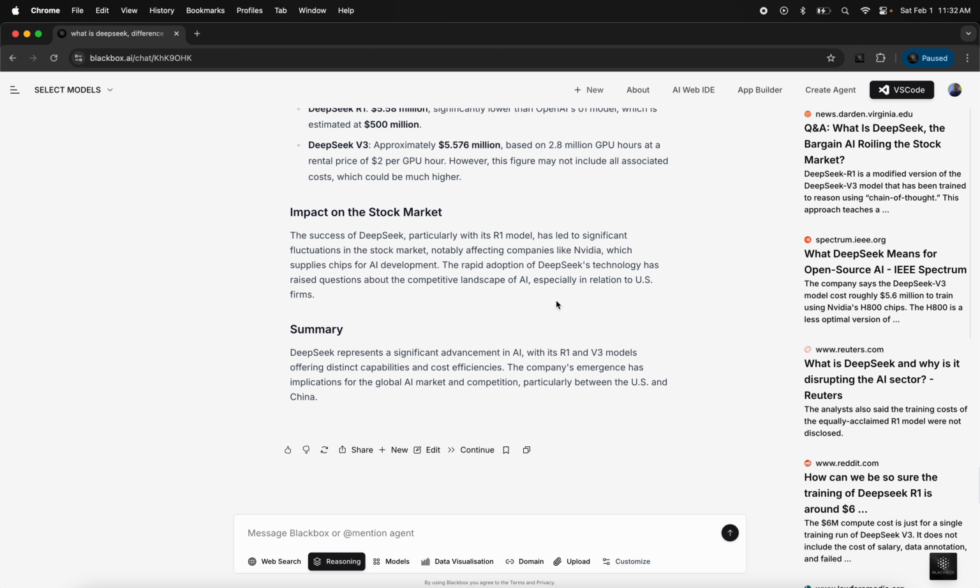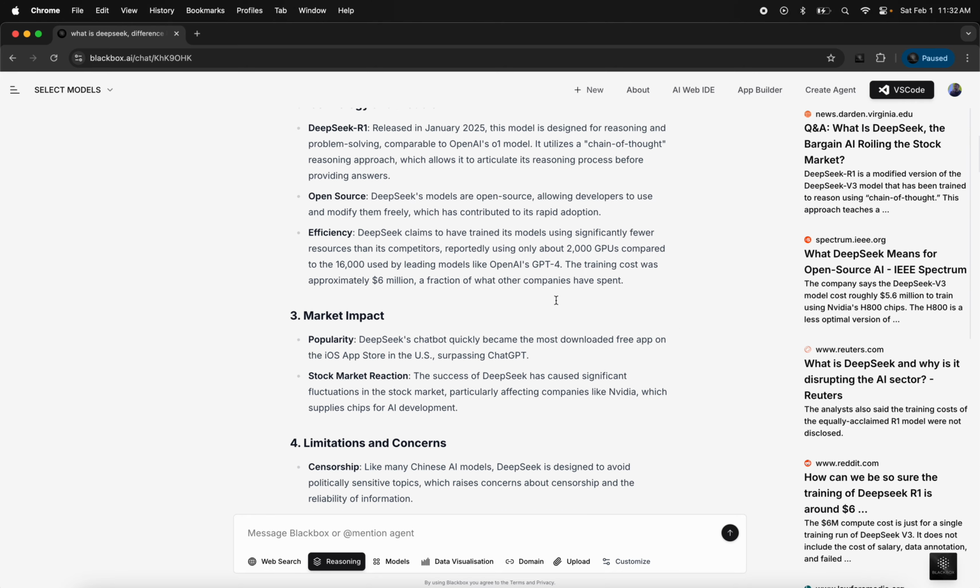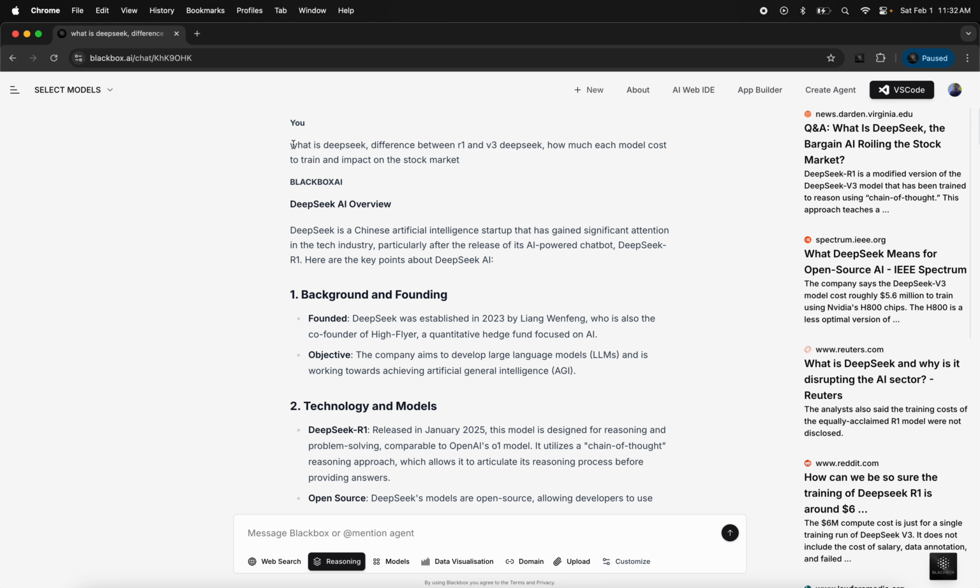So as you can see, if you have a detailed overview that you are looking for and you have multiple sub questions that you are looking for, it may be beneficial to try the reasoning model.